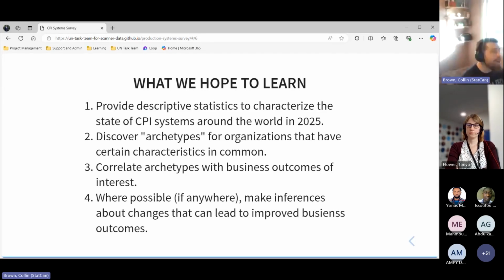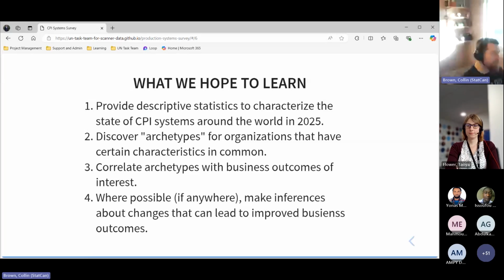Maybe there's a third that are organized around open source tooling, and those look quite different from those organized around enterprise tooling. So we're not quite sure what we'll find yet. Part of the analysis will be figuring out what those clusters or groups look like. But what we're hoping to do is define whether there are any such archetypes for common characteristics.